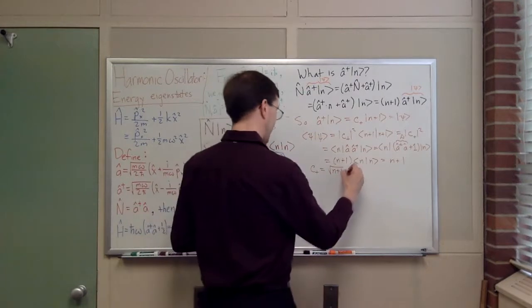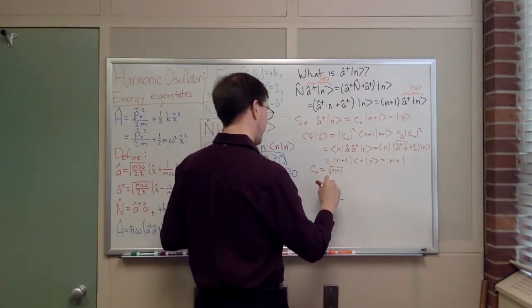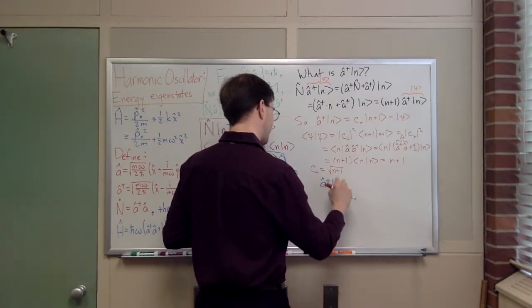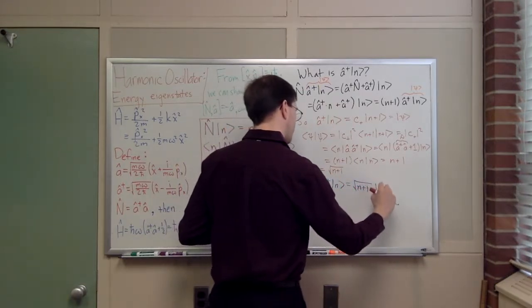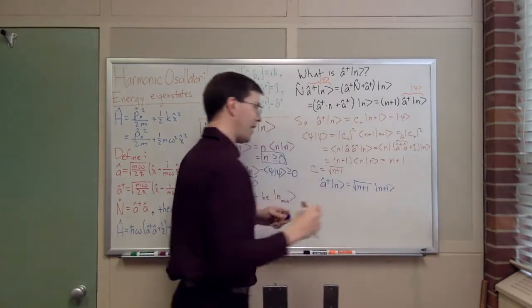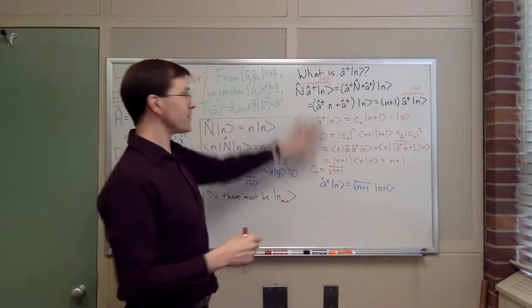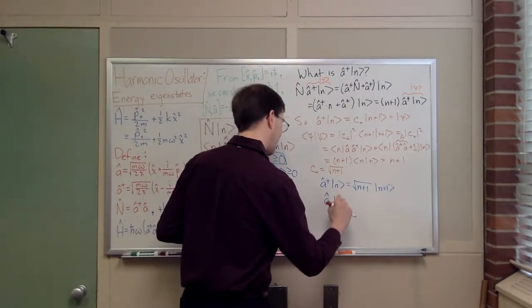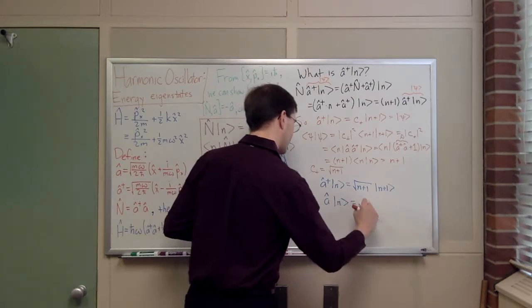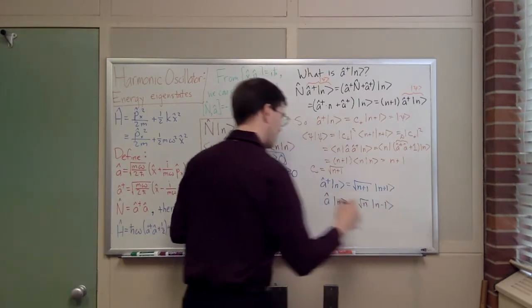So I guess maybe I should write that in some nice, neat way. I can say that a dagger acting on state n equals the square root of n plus 1 times state n plus 1. By the same sort of reasoning, I can also figure out that a acting on n gives me the square root of n times n minus 1.